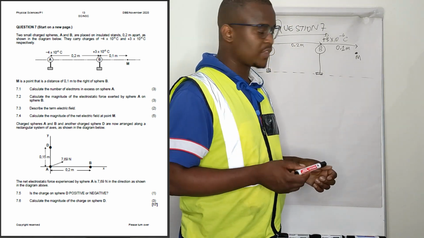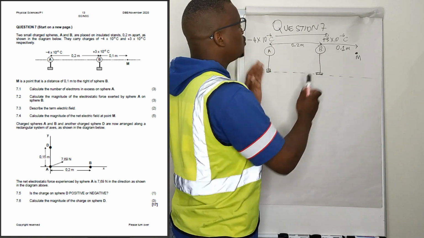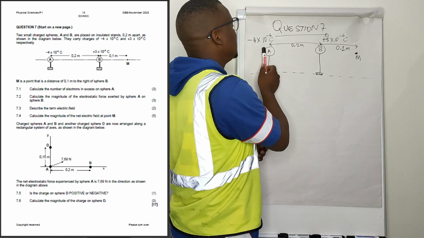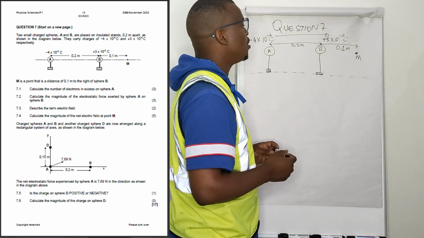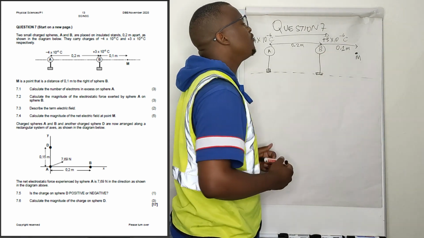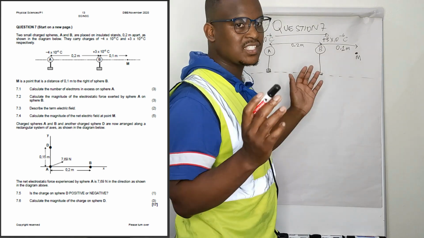So the two spheres, A and B, are charged. They are 0.2 meters apart, and A carries a charge of minus 4 times 10 to the minus 6 coulombs, and B carries a positive charge of 3 times 10 to the minus 6 coulombs. This is our statement.